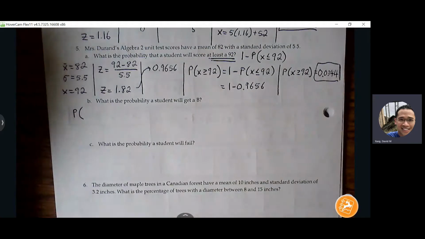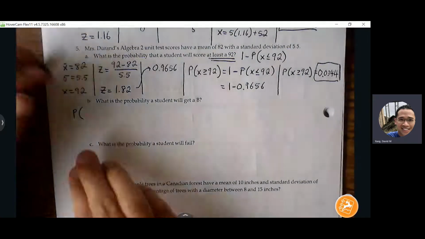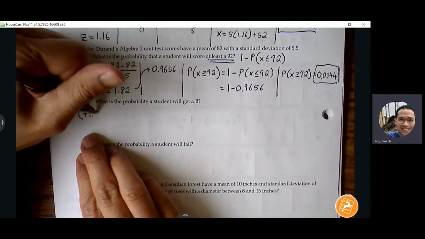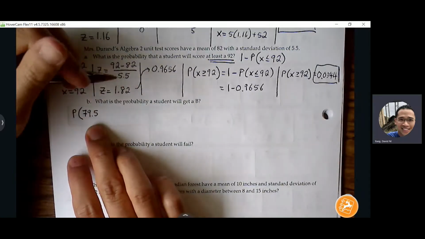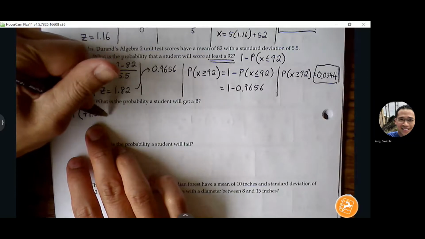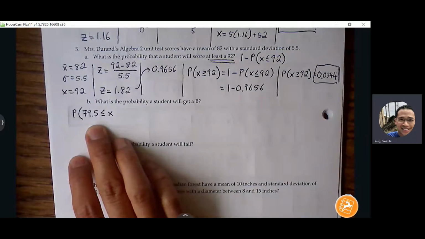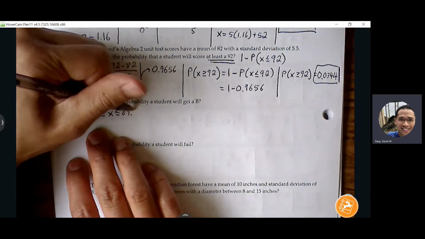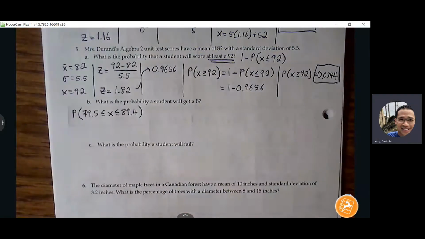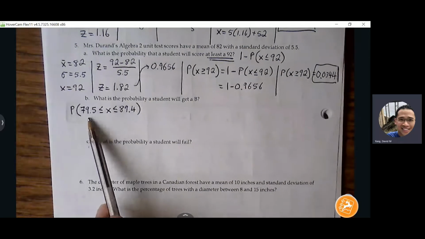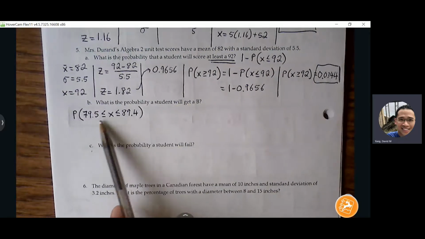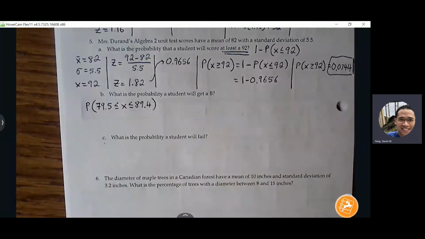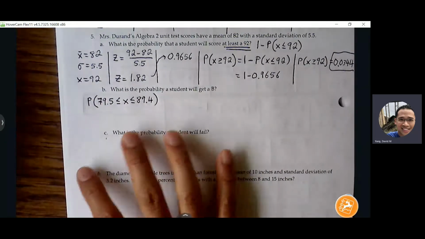So a B is between 80 and 89. Because we typically round up, anything that's between 79.5 and 89.4 is considered a B. All right, 0.5 rounds up to the 80, and then 0.4 rounds down to the 89. So this is the maximum or the widest range for a B.